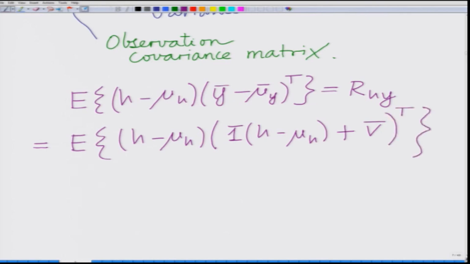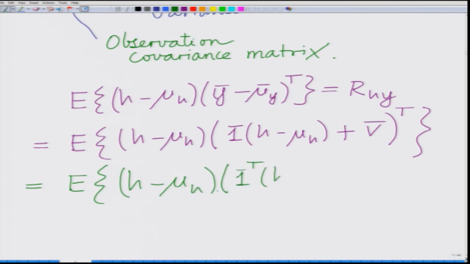Taking the transpose of this quantity, the expected value of (h minus mu h) times (1 bar transpose into (h minus mu h) plus v bar transpose).